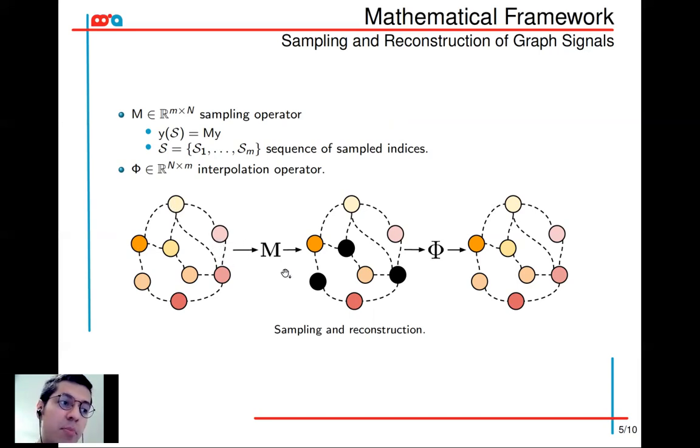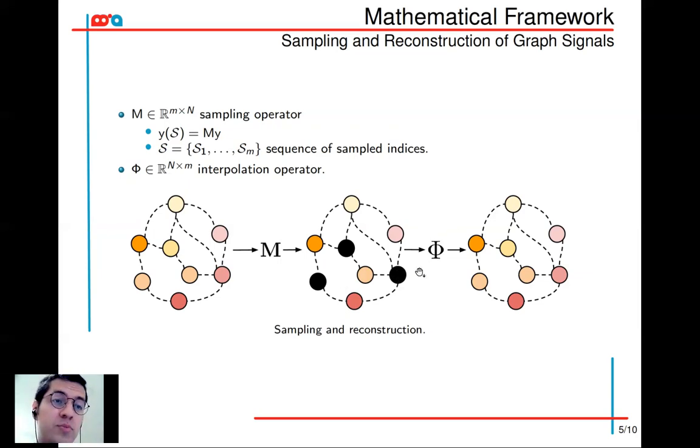Now, the sampling of graph signals consists in sampling some of those nodes. So for example, we are gonna have the graph signal of these nodes, but in these black nodes, we are not gonna know what is the numerical value there.